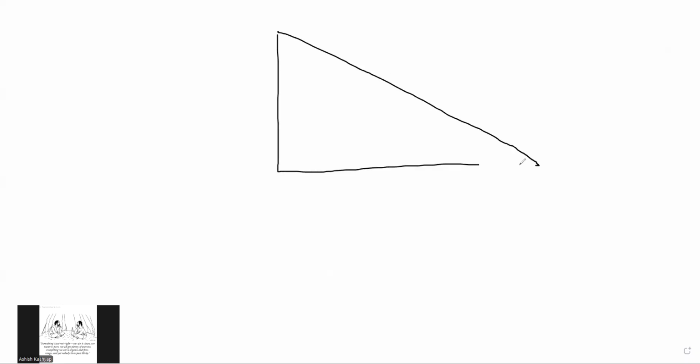In right angle triangle ABC, angle C is 90, E is on BC. So let's draw the right angle triangle. Angle C is 90. It's like this. E is on BC such that AC is equal to BE.